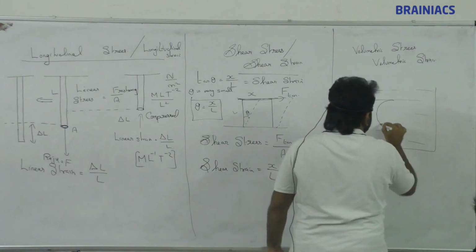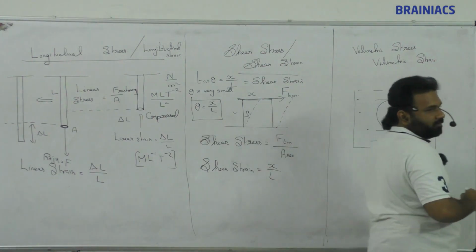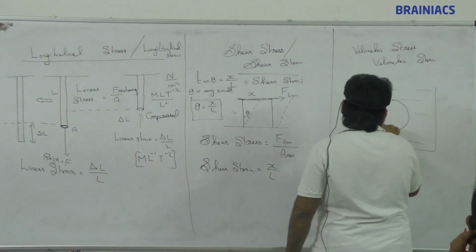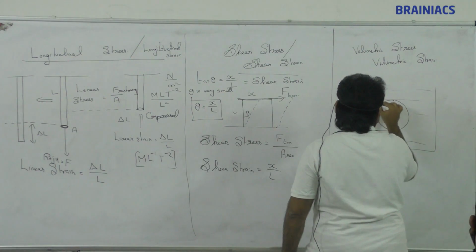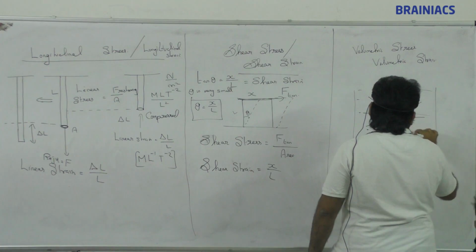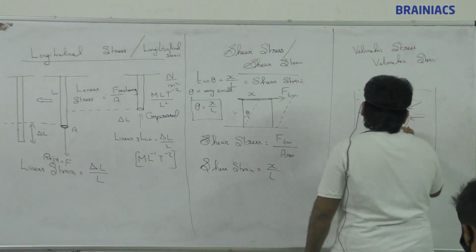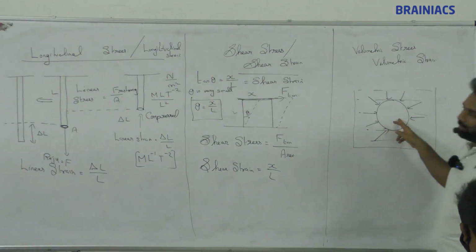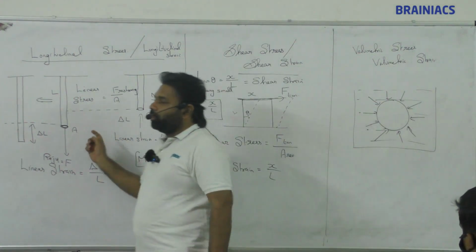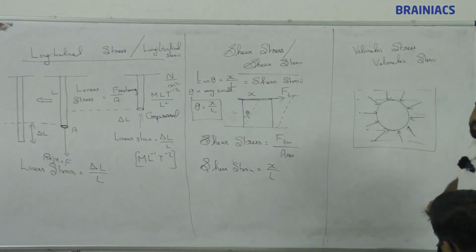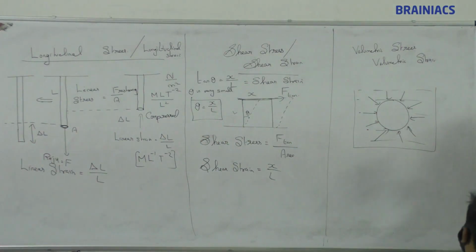What will this fluid do? It will apply force normal to the area of this body. Correct? A small change in dimension will happen. These are all very small changes in dimensions, but we are showing them as very big.